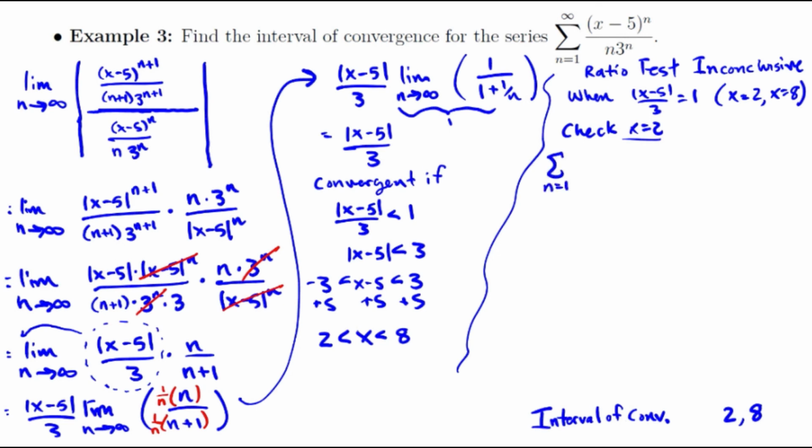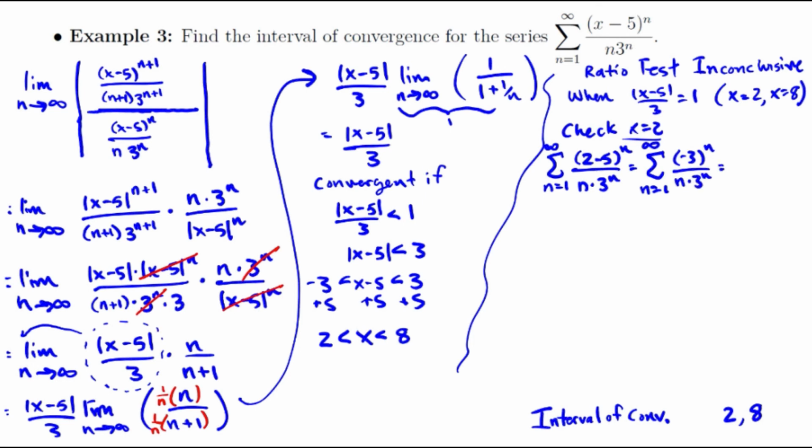The sum from n equals 1 to infinity of (2 minus 5) to the n over n times 3 to the n. And so this is going to be negative 3 to the n over n times 3 to the n.